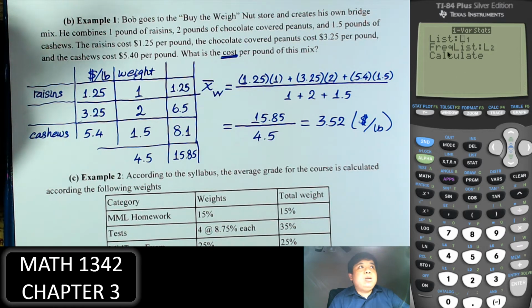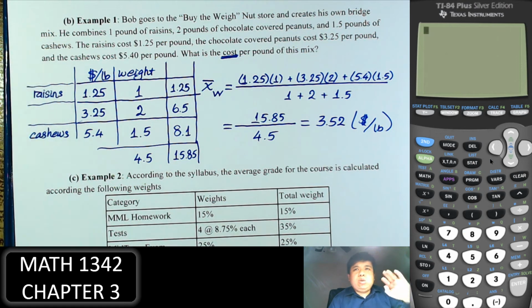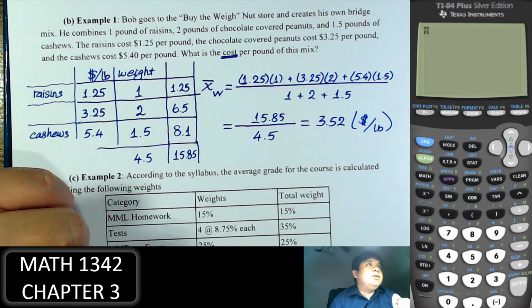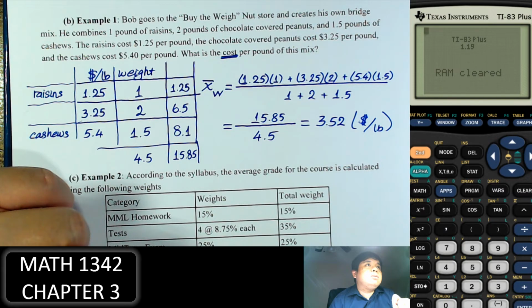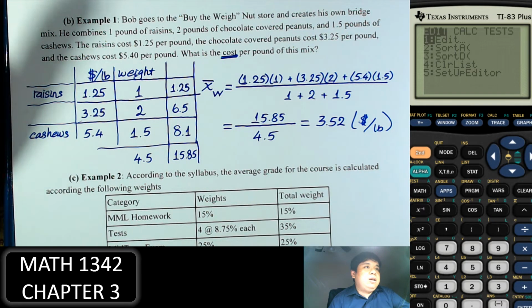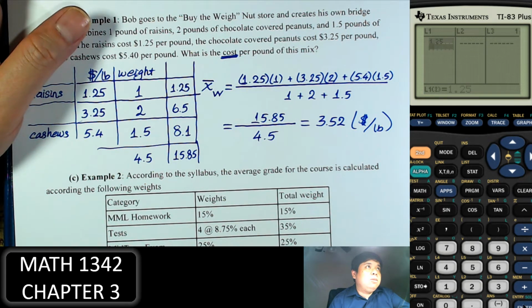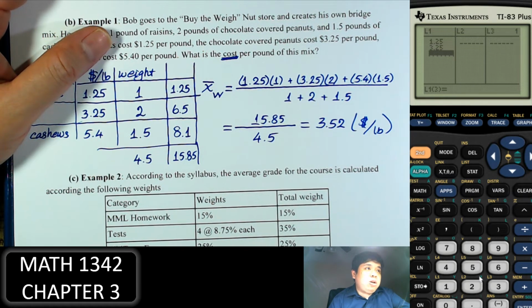List 1 the values, list 2 the frequency, and then calculate. 3.522. Now let me switch to the other calculator real quick. I have to do the same thing, and the same thing with StatCrunch.